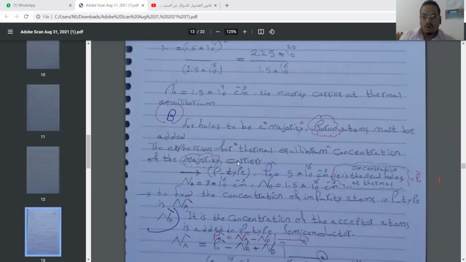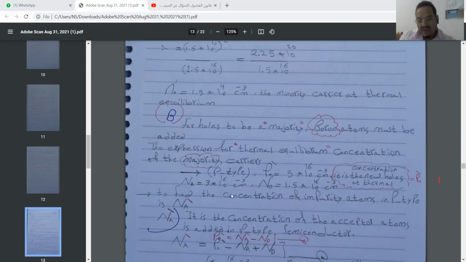The expression of the thermal equilibrium concentration of the majority carriers, P naught prime, the new hole concentration, equals, like the author gave us in the example, 5 times 10 to the 16. Here, like I said before, P naught prime is the new hole concentration at thermal equilibrium.